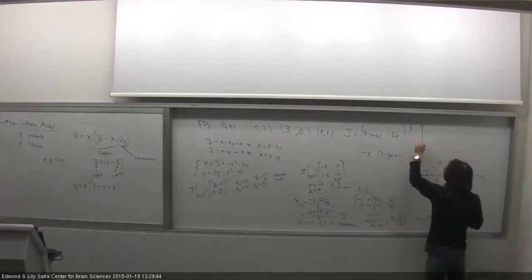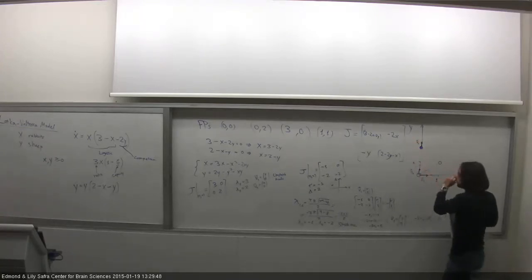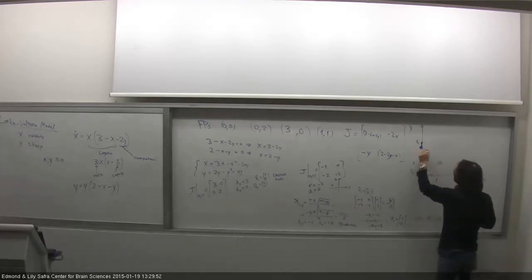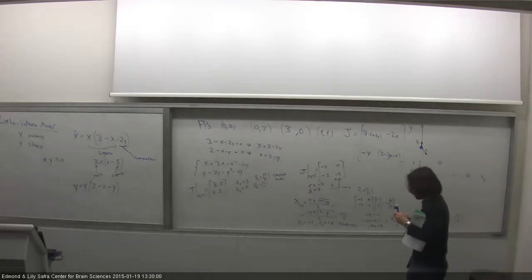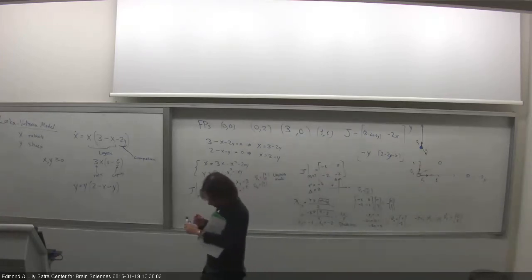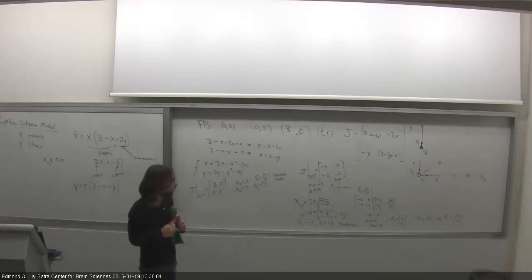So this is V2 for this fixed point, and V1 is 1, minus 2, maybe something like this. And they both correspond to a negative eigenvalue.